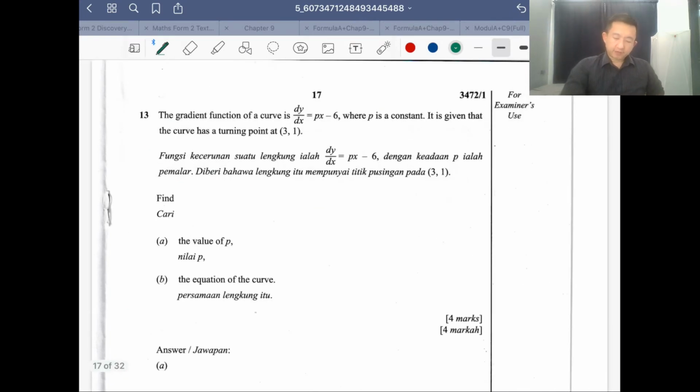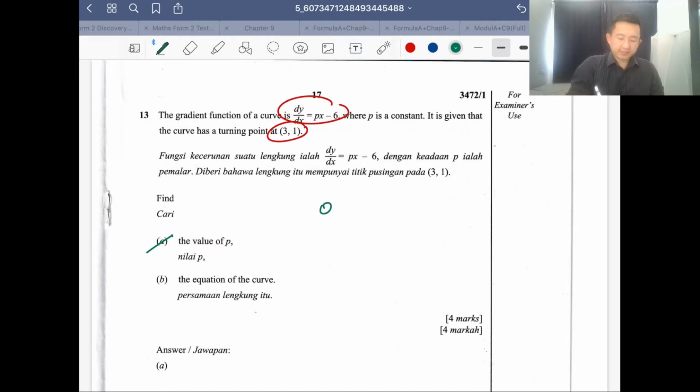The gradient function dy/dx. P is a constant, the turning point is (3, 1). Find the value of P. Okay, when you have the gradient function, you know, right? The gradient equals 0 at the turning point.